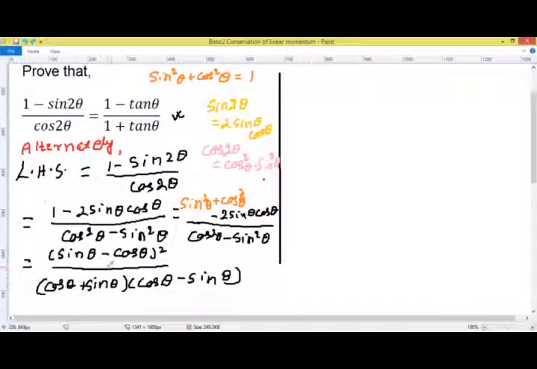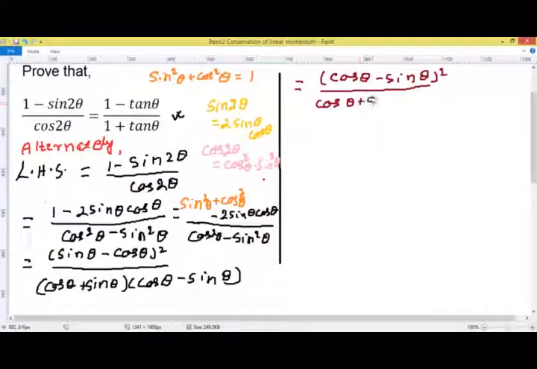After this you can think that in the numerator this is sine minus cos, but in the denominator this is cos minus sine. One benefit is that we have the square terms, so even if you take the negative sign common, the square of the negative sign is going to be positive. So in place of sine minus cos, you can write cos theta minus sine theta, then squared, and in the denominator cos theta plus sine theta times cos theta minus sine theta.